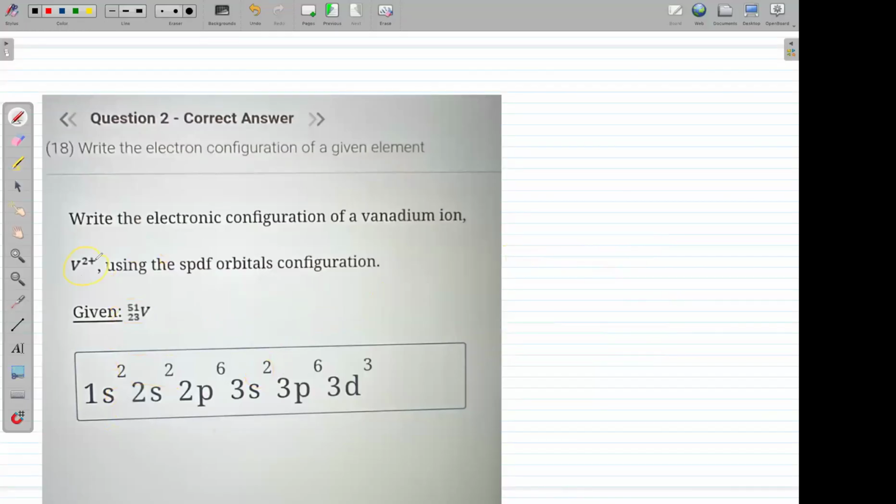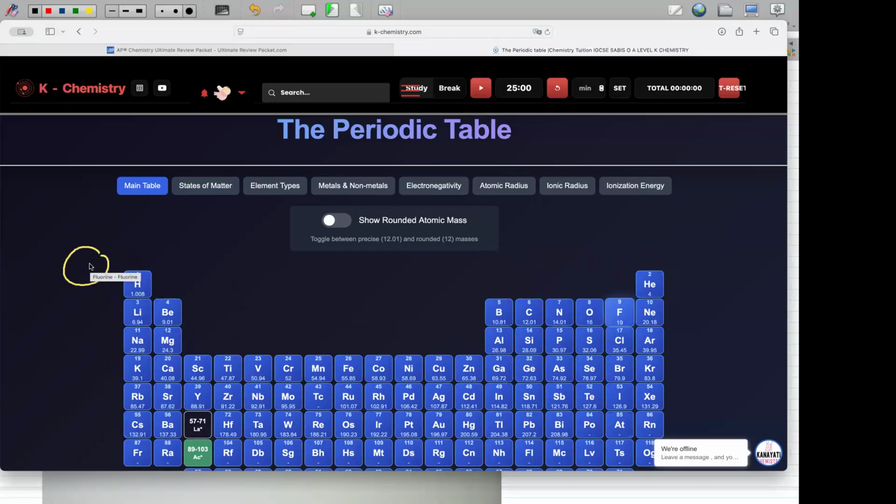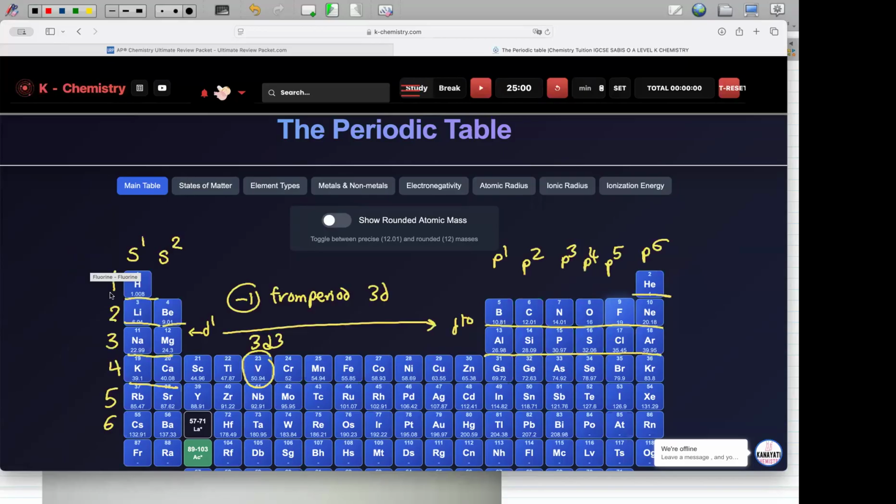And then when you lose two electrons, you will lose them from the S. That's why last time we said for the transition metals, it's better to write the 3d before the 4s.